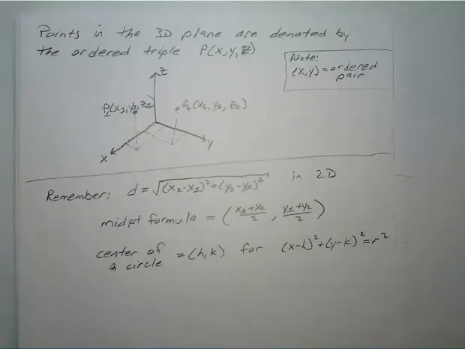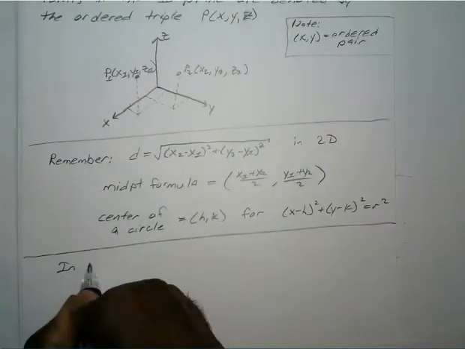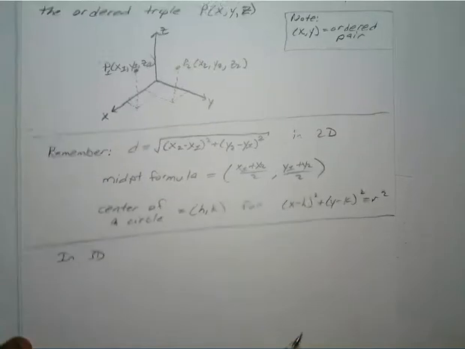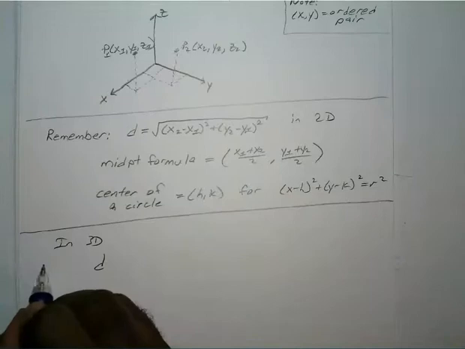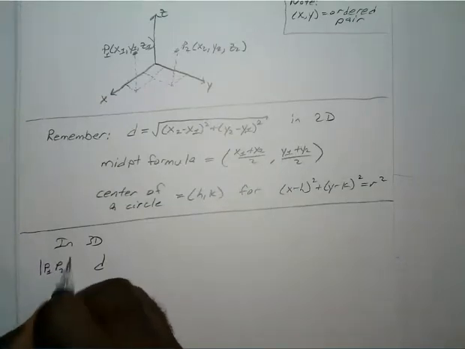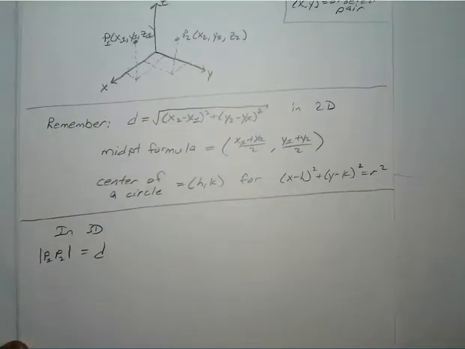Now in 3 dimensions, they don't really change all that much. The distance formula, which is the distance between point 1 and point 2, and we'll cover that. This means the distance. Some books may have 2 lines on both sides to show distance, but we'll just use 1.